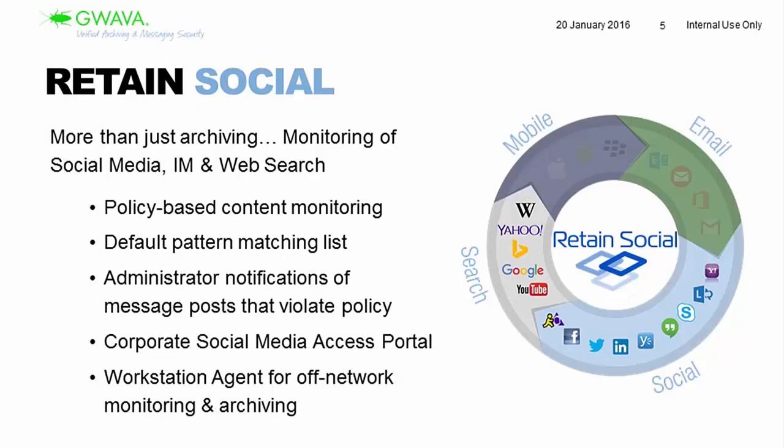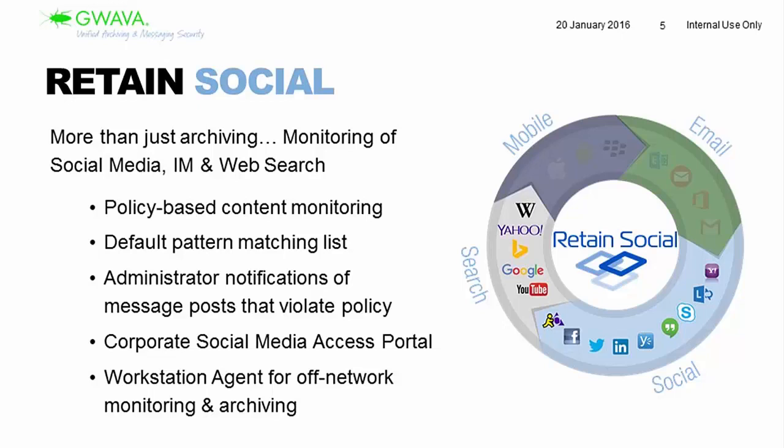What Retain Social does is it actually monitors, filters, and blocks in addition to archiving social media, instant messaging, and web searches. So the supported platforms are Facebook, Twitter, LinkedIn, and Yammer when it comes to social media. And for instant messaging, it's Lync and Skype for Business.